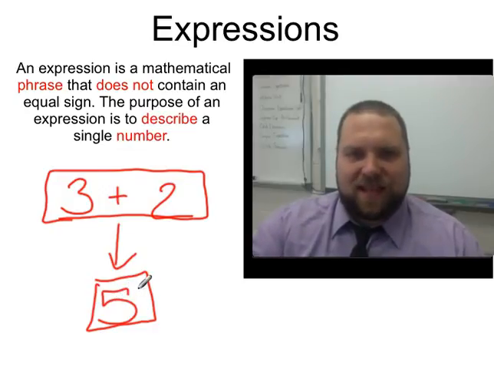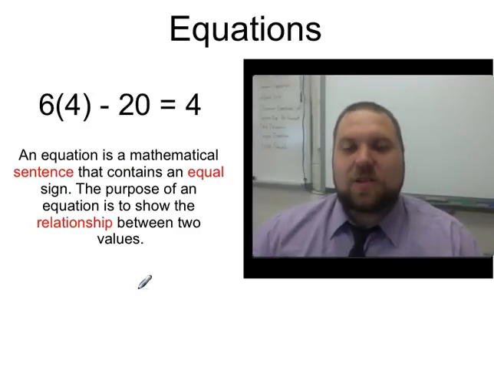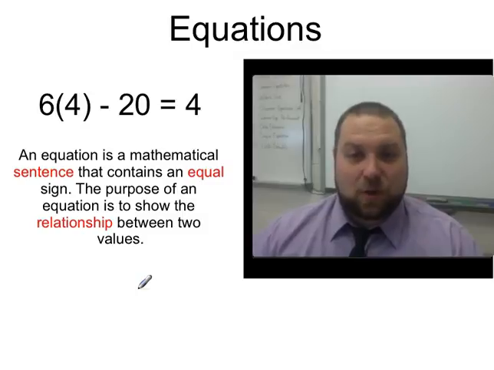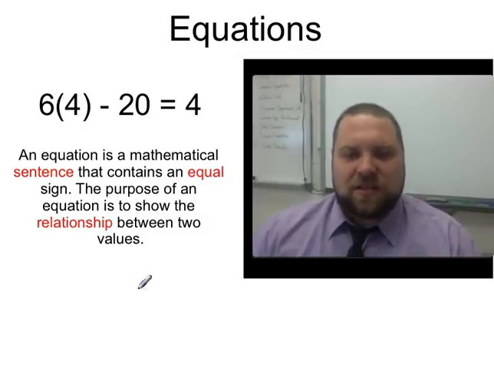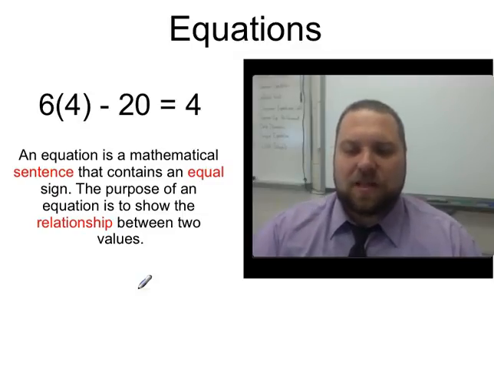Now the flip side of that, whereas an expression is just a phrase that describes a number, we have equations. And equations are mathematical sentences, and they do contain equal signs, which is easy enough to remember. Equations have equal signs. And the purpose of an equation is to show the relationship between two values, in particular to show that those two values are the same or equal.